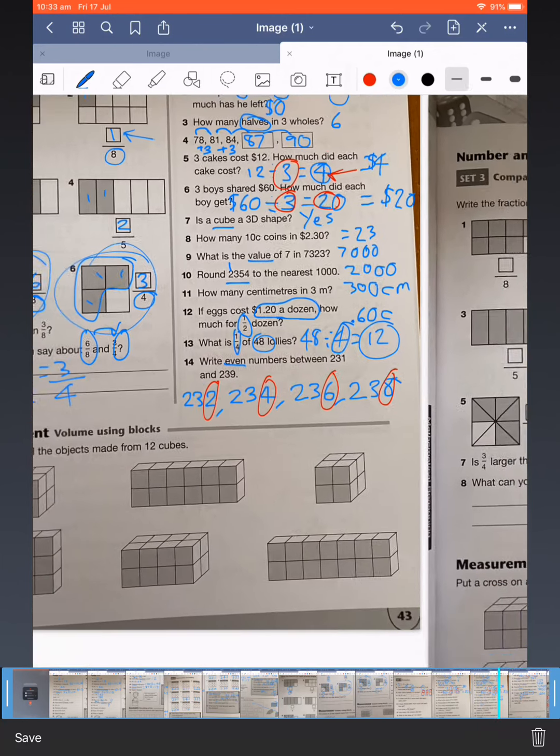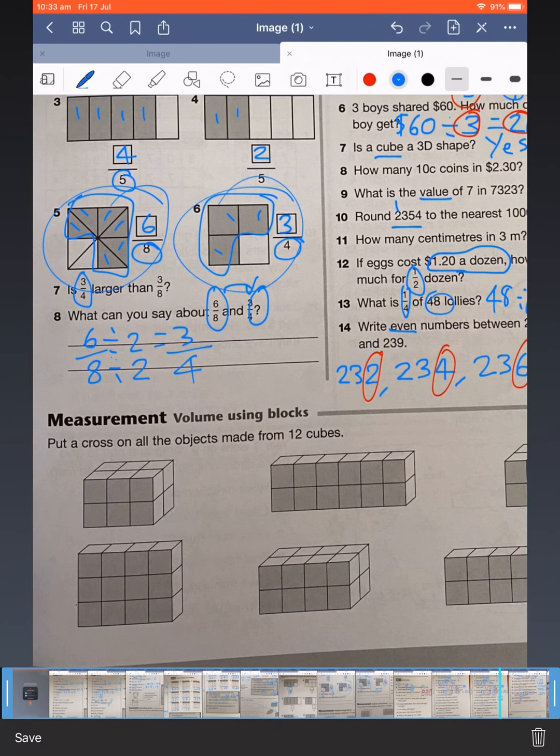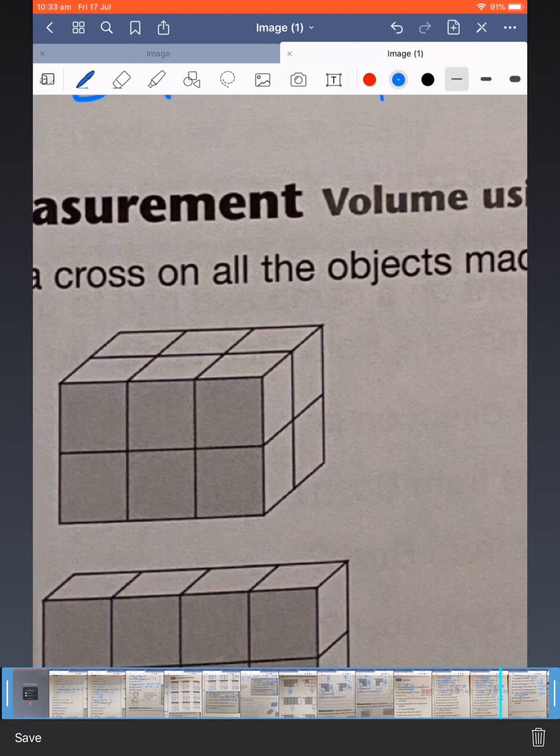Okay, let's have a look down here. Put a cross on all the objects made from 12 cubes. Okay, let's have a look here. This is 1 cube, 2 cubes, 3 cubes, 4 cubes, 5 cubes, 6 cubes. Now, this is actually the same cube, so we can't count that again. But it's actually got another row just behind it.